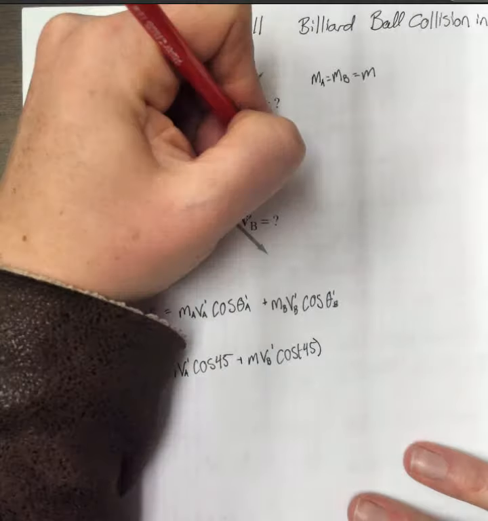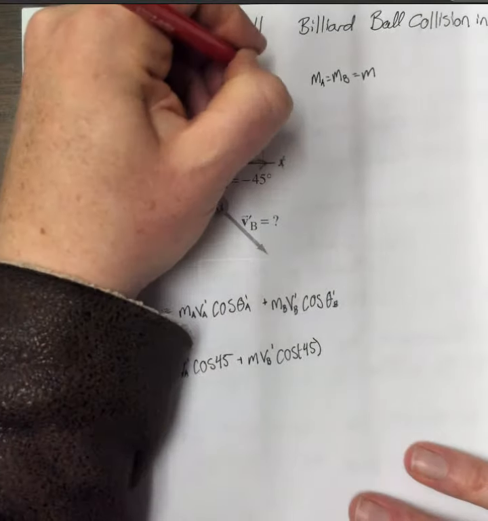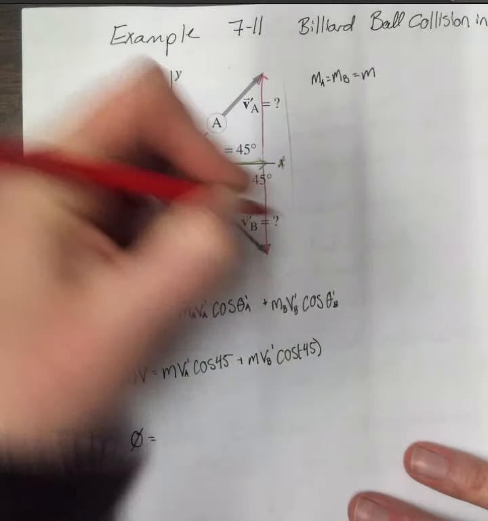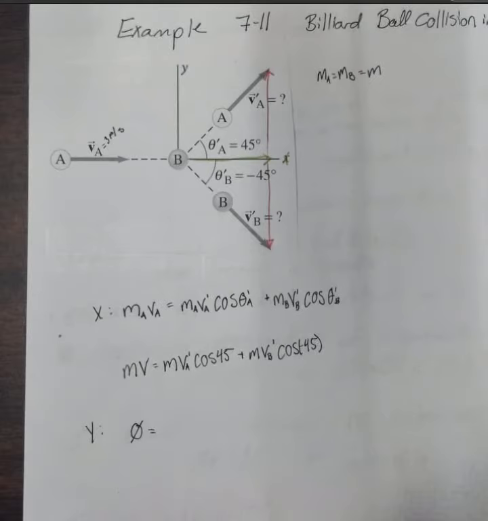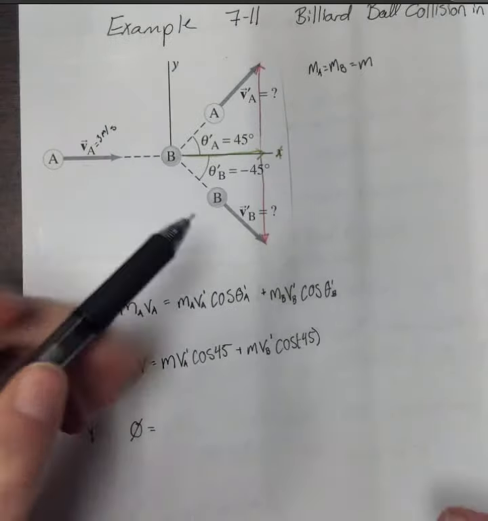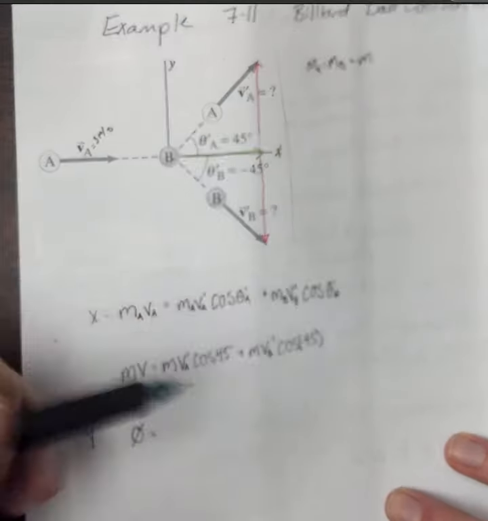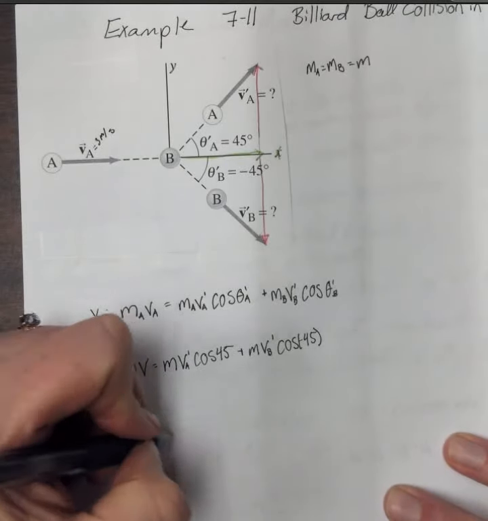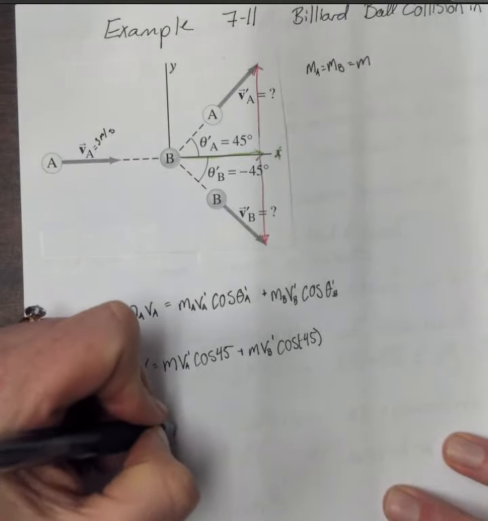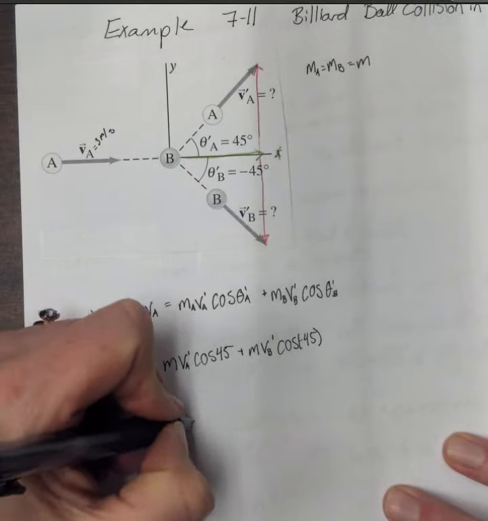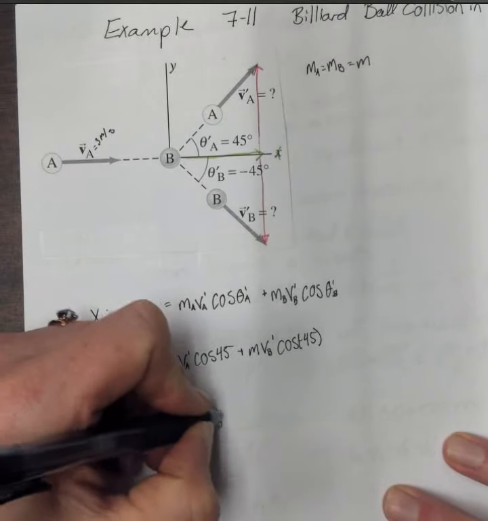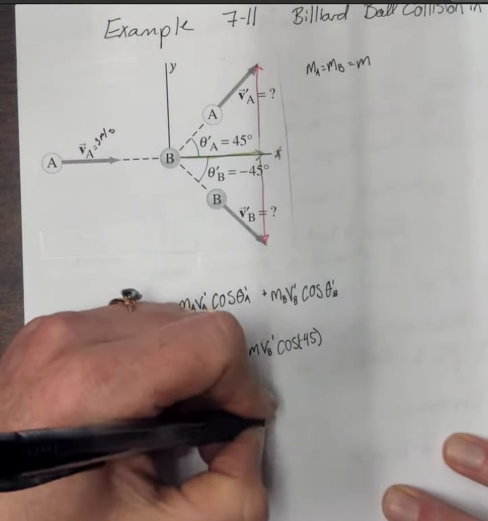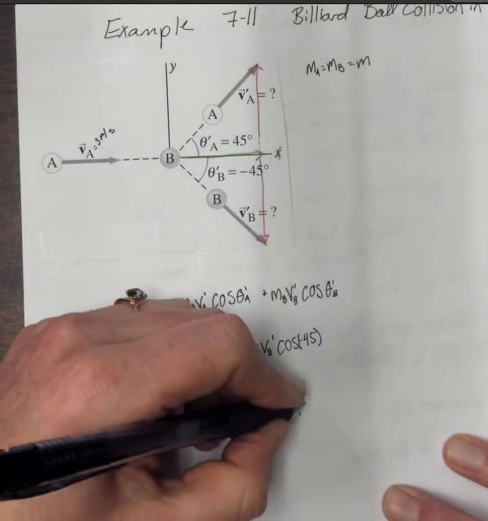And if you take a look at the vector components, you're going to see that that should be true. You can visually confirm that that up vector and that down vector are going to sum together to be no vector. So you've got mvA prime sine of 45 plus mvB prime sine of negative 45.